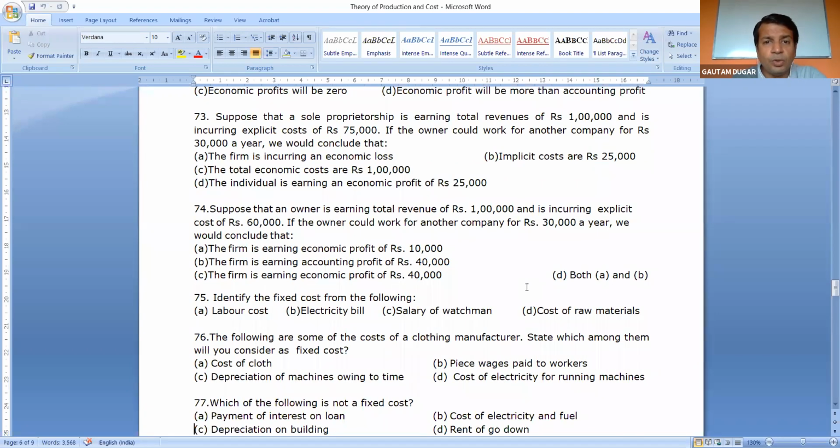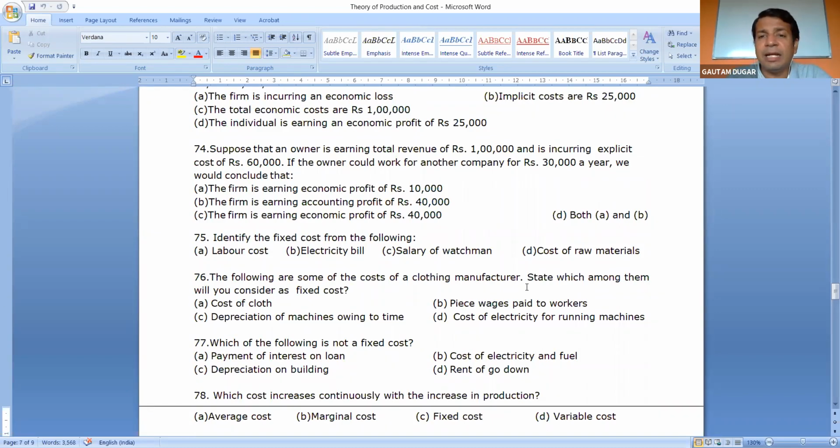Suppose that an owner is earning total revenue of 1 lakh and is incurring explicit cost of 60,000. So if we stop over here, we get an accounting profit of 40,000. Please remember, if the owner could work for another company for 30,000 a year, then 30,000 is the implicit cost. Two ways. 40,000 minus 30,000, you're getting an economic profit of 10,000, or vice versa. 1 lakh is revenue minus economic cost.